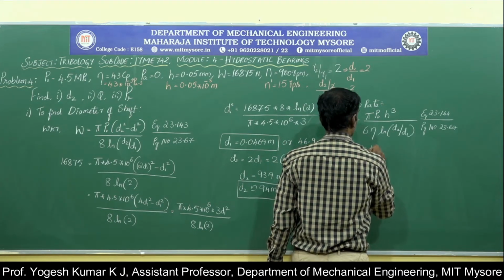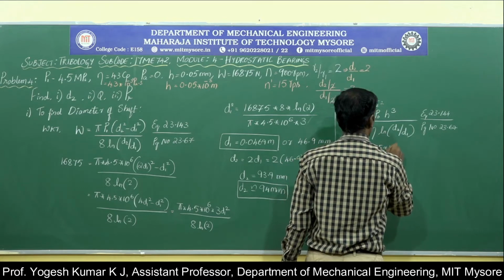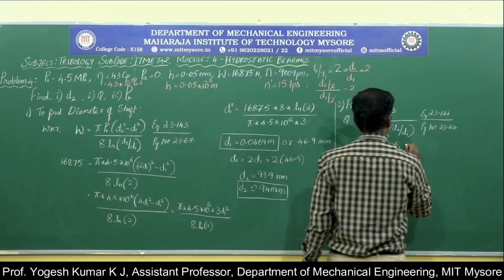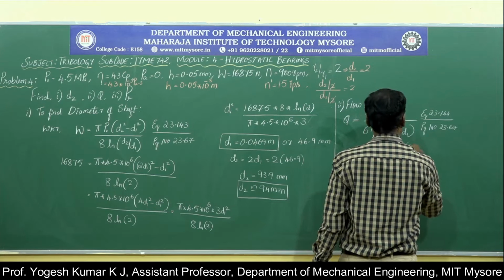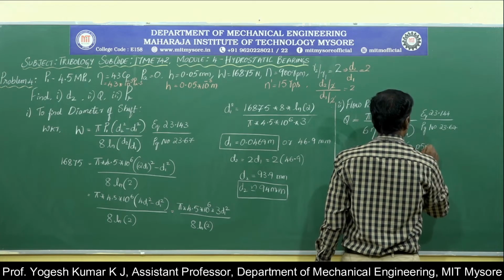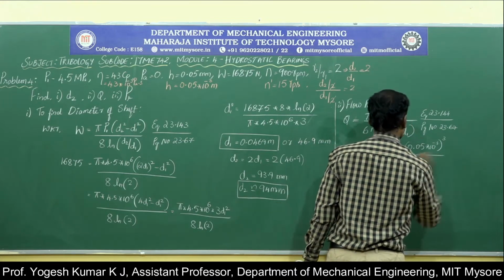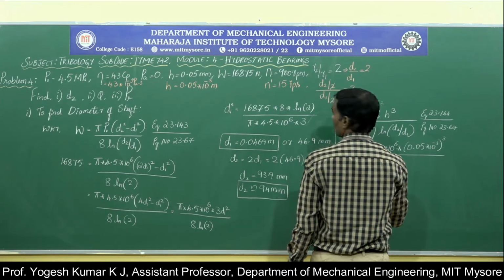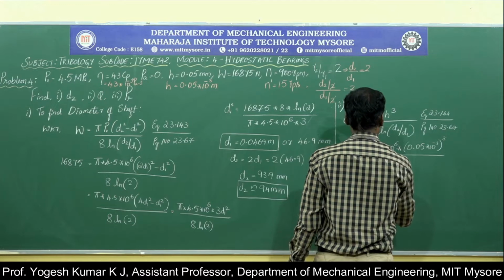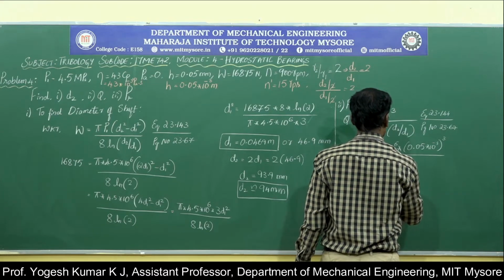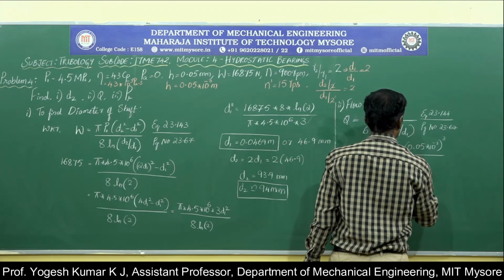Q equals pi P naught h cube divided by 6 eta natural log d2 by d1. So we know all the values now. Pi, 4.5 into 10 power 6, h cube, 0.05 into 10 power minus 3 cube, 6 eta, 43 into 10 power minus 3, natural log of 2.